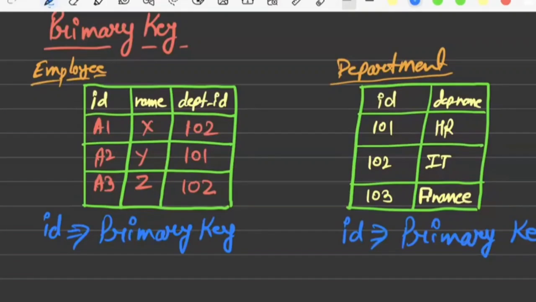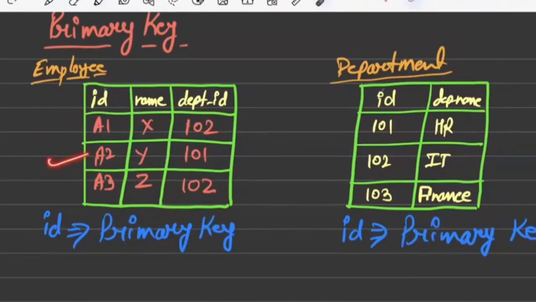This ID column doesn't have any relation with the other, right? These three ID columns have nothing to do with these three, right?